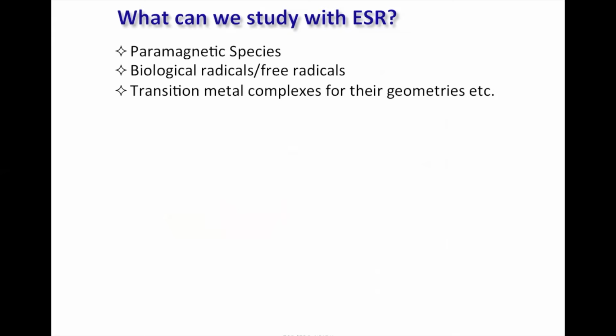ESR spectroscopy can also be used for transition metals or their complexes in order to understand their probable geometries. Here, it is important to note that diamagnetic substances cannot be studied with the help of ESR. It gives an idea what kind of nuclei are present near the unpaired electrons.